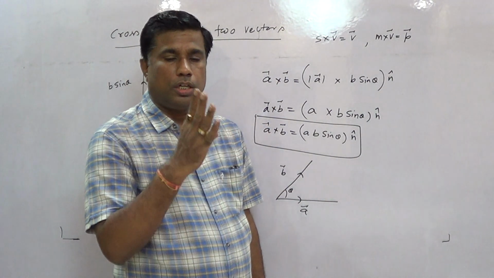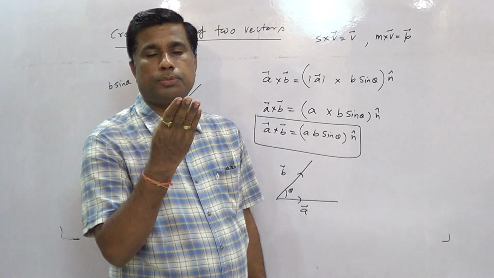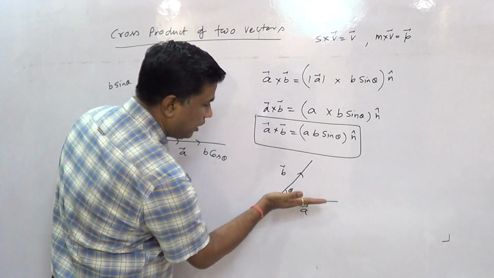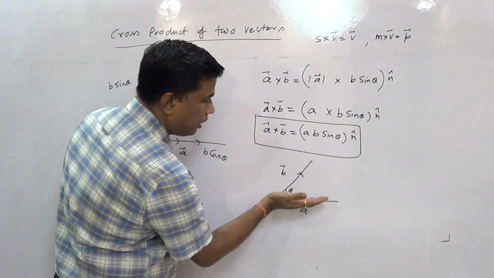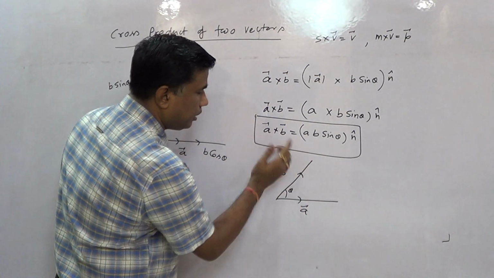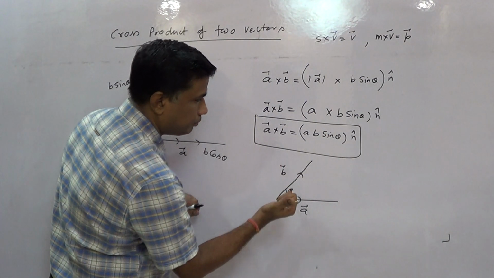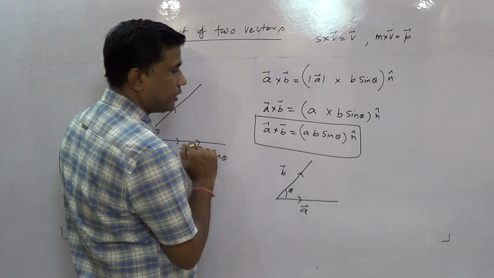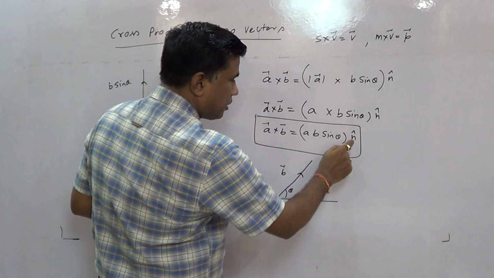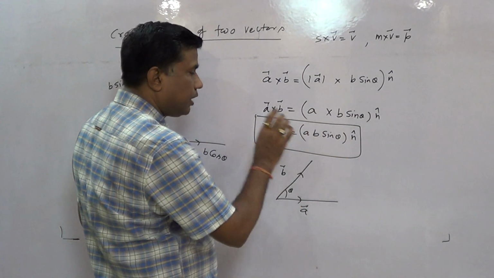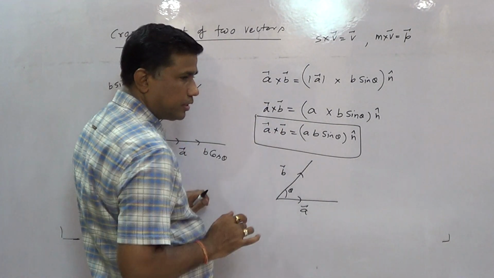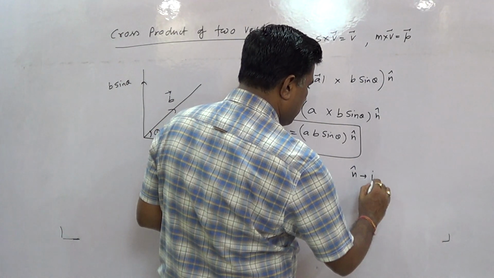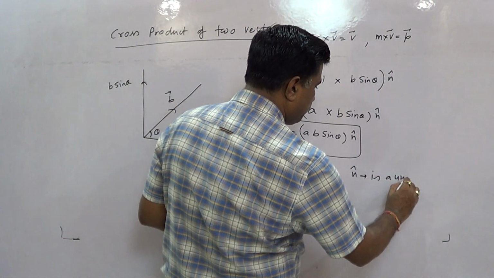According to this rule, if we keep these four fingers of the right hand towards first vector A, and if we curl these fingers towards second vector B, then whatever will be the direction of the thumb, that will be the direction of the cross product of these two vectors. So in this case, n cap is representing the direction of cross product of these two vectors. So this n cap, first I will write it is a unit vector.